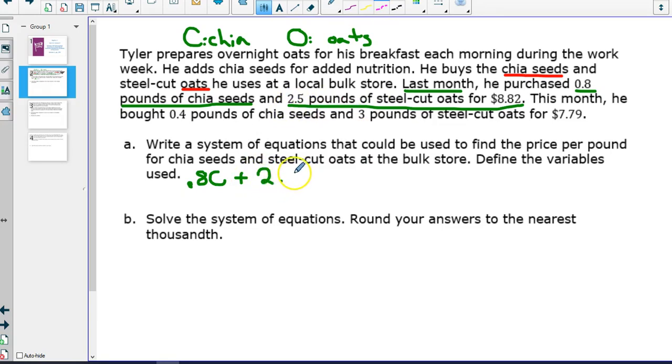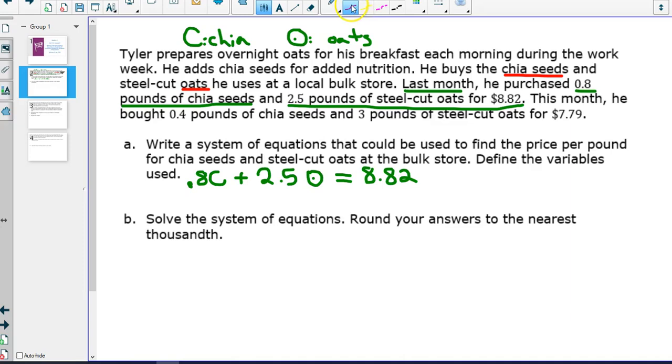So I have 2.5 pounds of our oats. I'm going to put a little dot in the O to make sure it doesn't look like a zero. And this was equal to our price of $8.82. Okay.